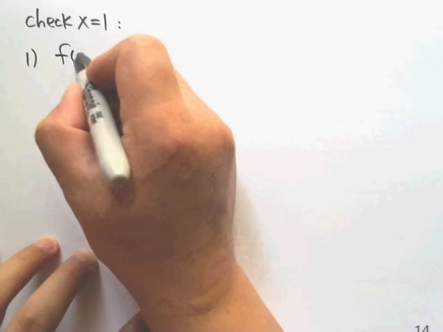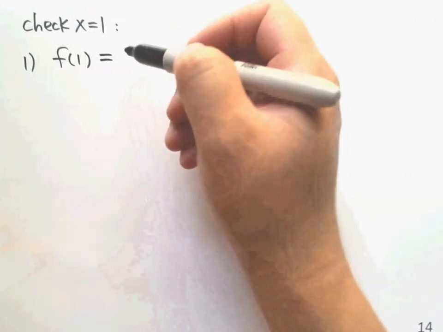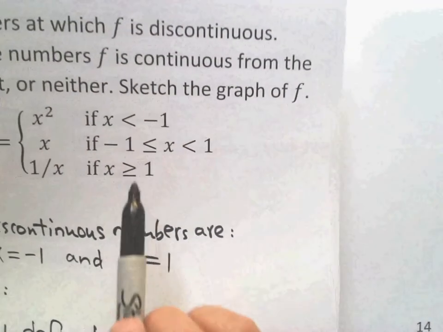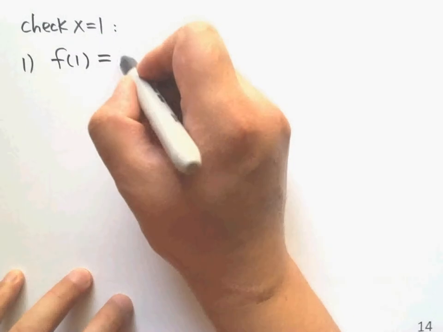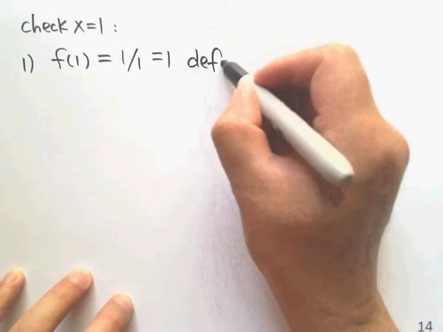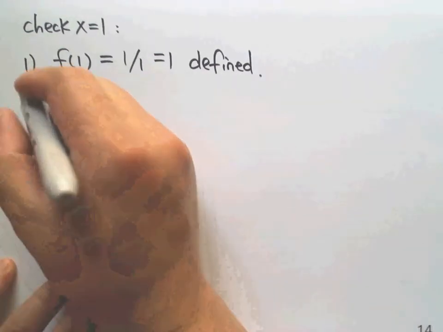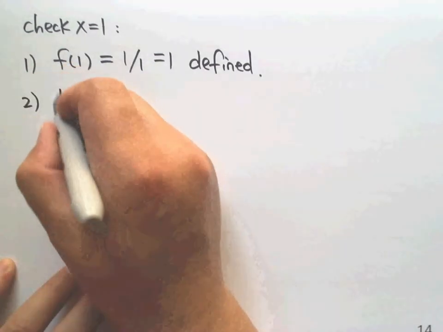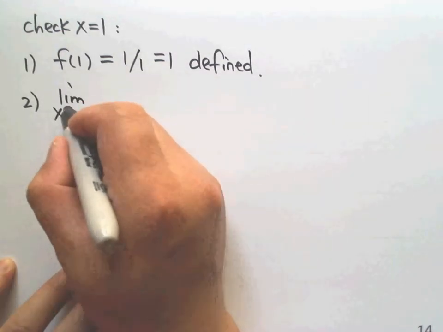The first, we check f(1). Does f(1) exist? f(1) is 1 over 1, which equals 1, so it is defined. Good, that is the first condition. And then we check the second.